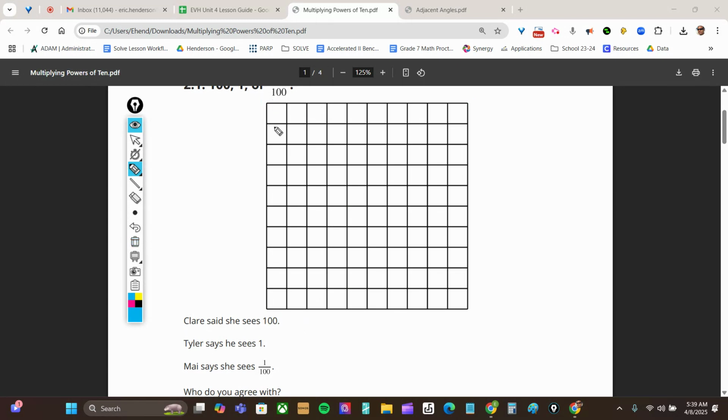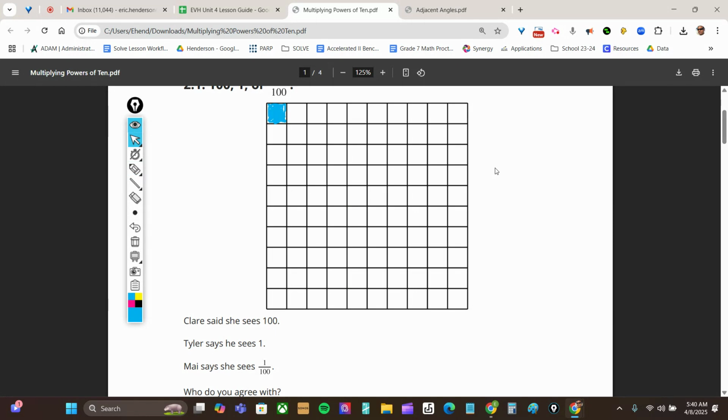And if one of these was shaded in, you could think of it as 1 out of 100, which would be Maya. That's how Maya would see that. So depending on how you look at it determines who you may or may not agree with.